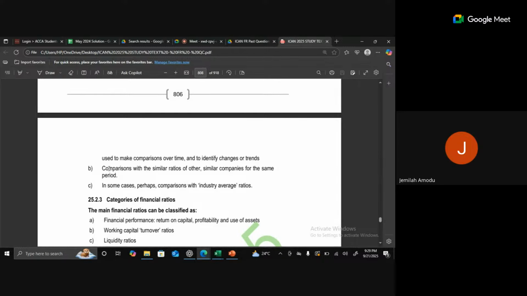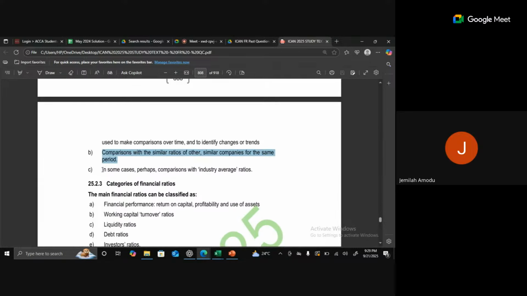Based on their financial statement, of course. Then you now compare the two to see how you are performing in comparison to those people, either your competitors or just any other bakery that operates within that same period, right? Given the same economic situation. So that is another way that ratio can be used to carry out comparison.